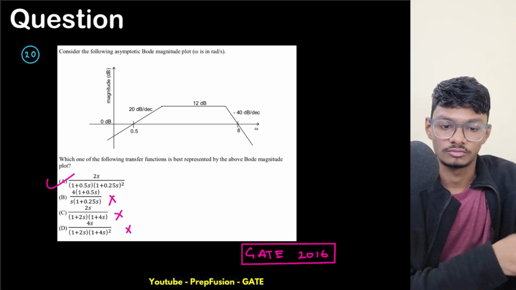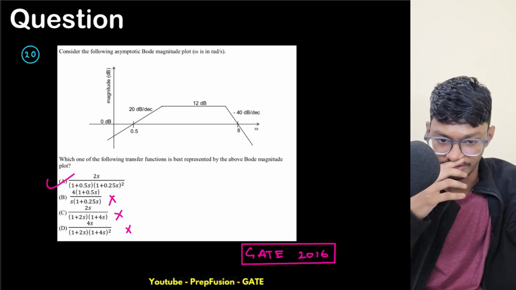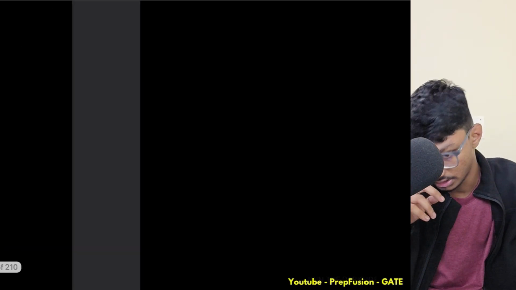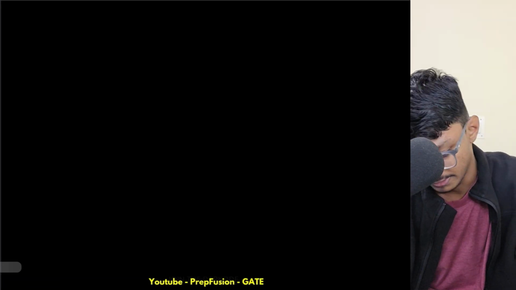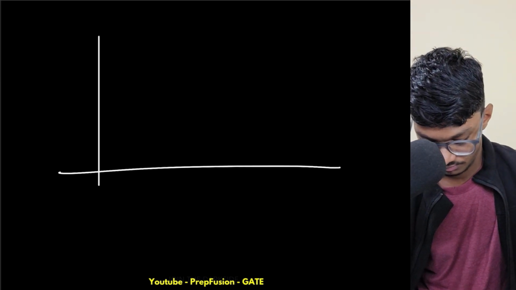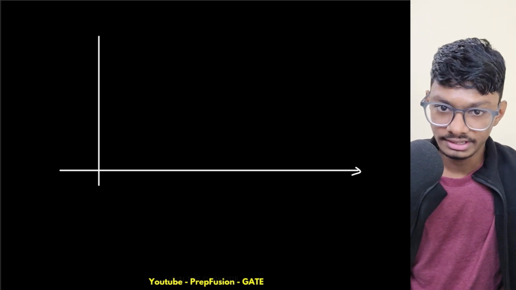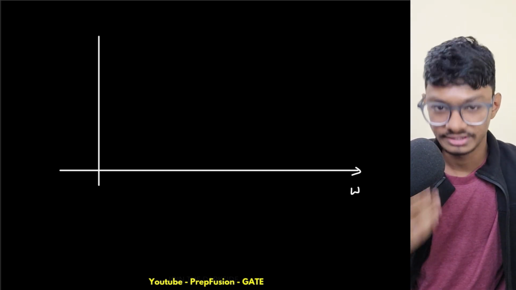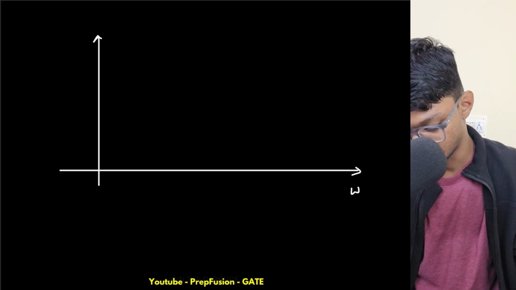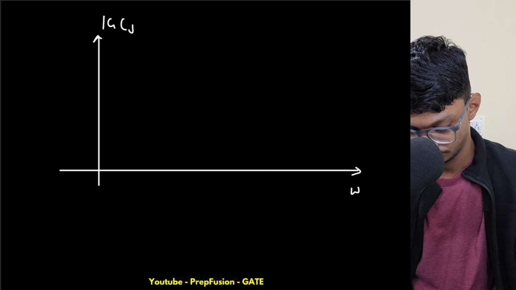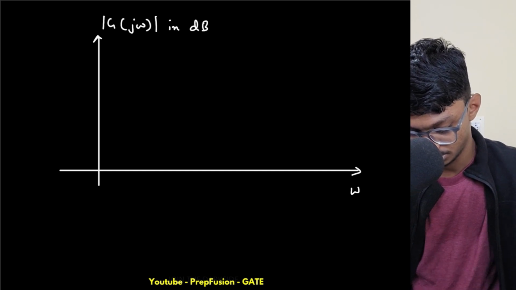Obviously now we'll solve this using the fair method. So how to solve this using the fair method? Let me first draw this plot. In the exam hall you can use that trick, but if you want to solve this fairly in your home, obviously you will use this one. Magnitude of G of j omega in dBs.